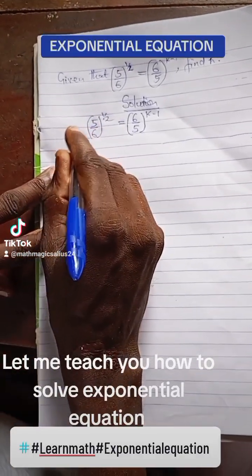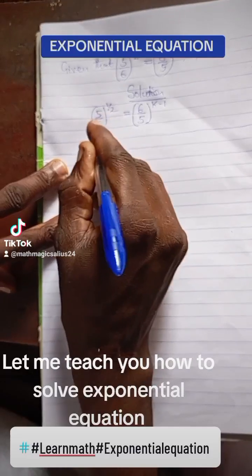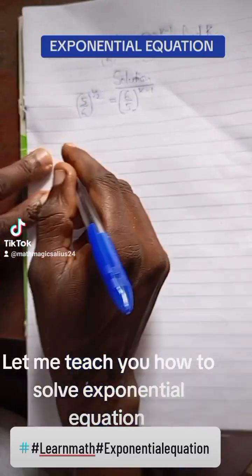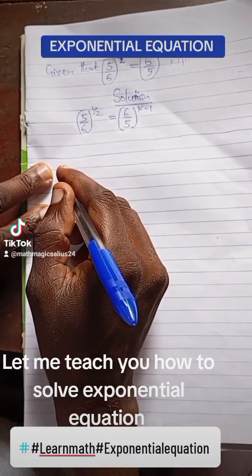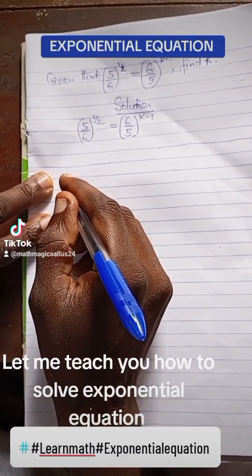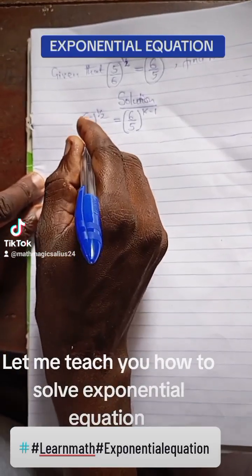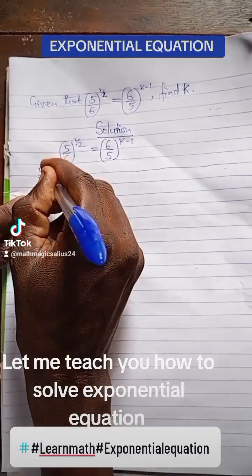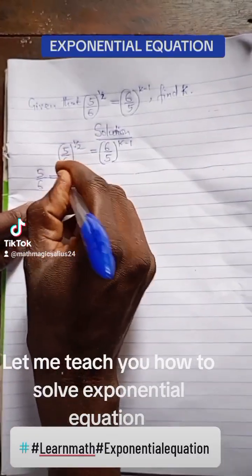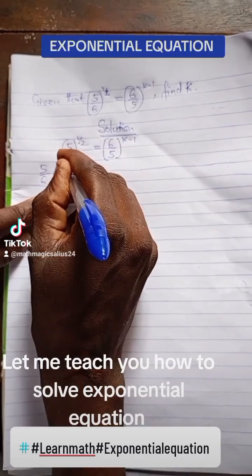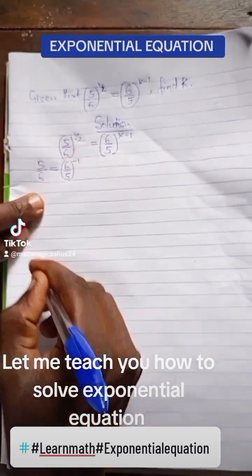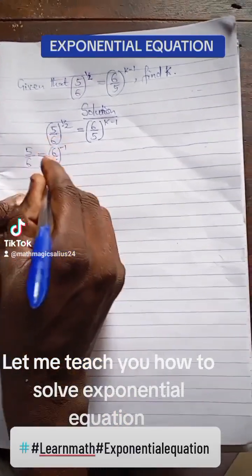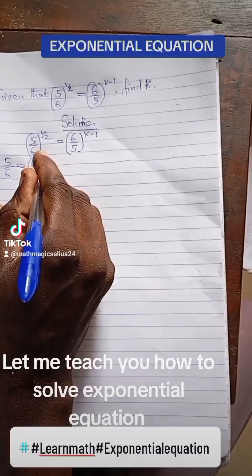It's either you express 5/6 on this left side of the equation in such a way that it will become 6/5. To do that, you apply the reciprocal rule and the negative power. If I apply that, 5/6 will equal (6/5) raised to the power of minus 1.